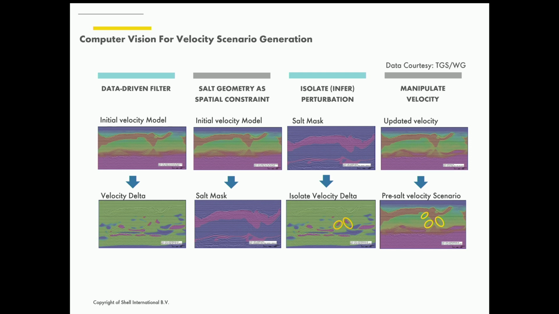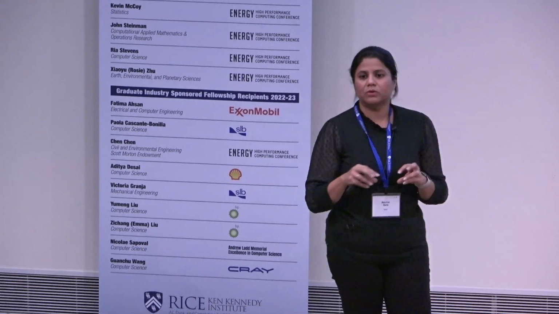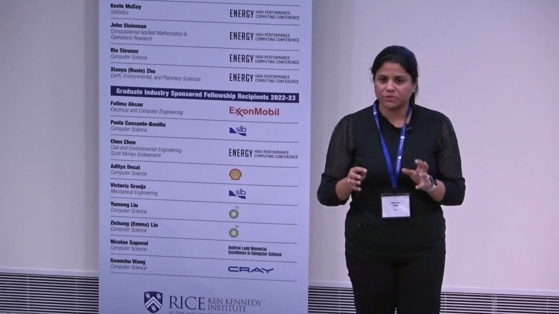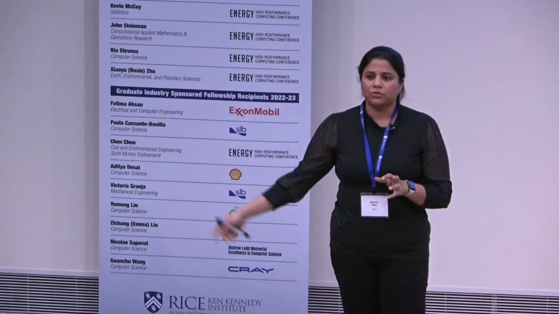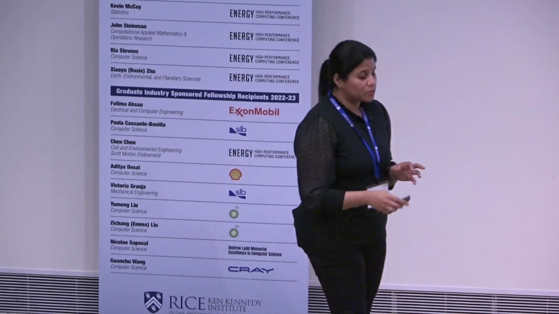One of the spatial constraints could be the initial salt mask, and using those two pieces of information, we take the velocity delta map and we only select those pieces of velocity deltas that are able to perturb the model where we want it to be perturbed, right? And once we do that, we go in and change the velocities within those perturbation areas to now generate multiple scenarios.